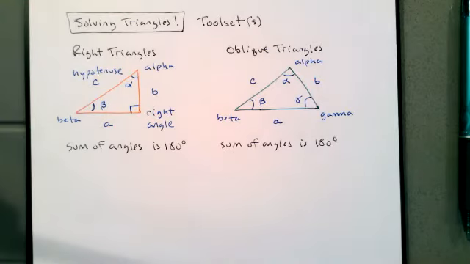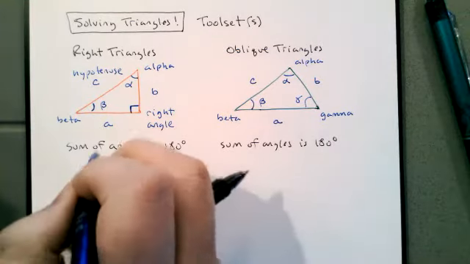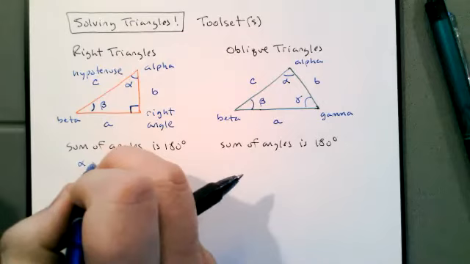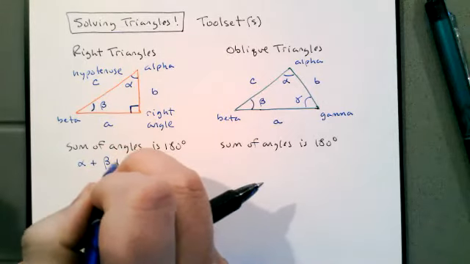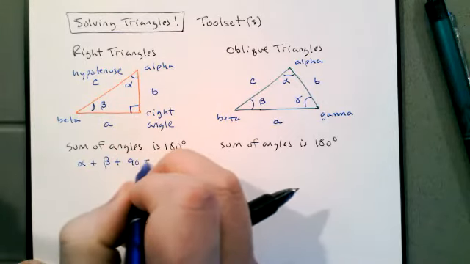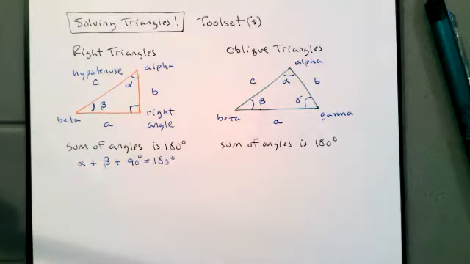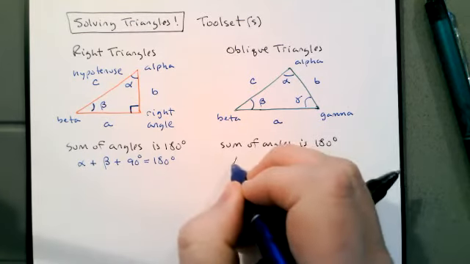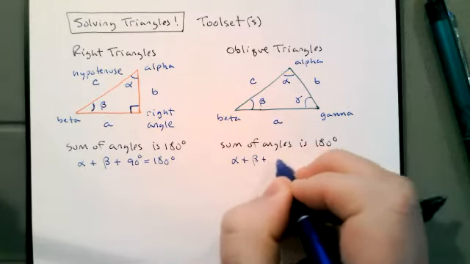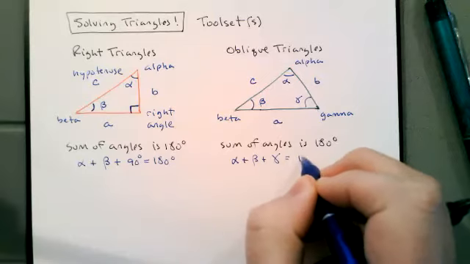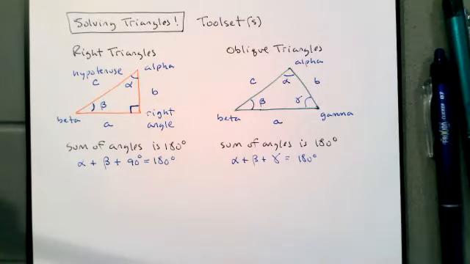In the case of right triangles, if we want to put the names in there, we could say alpha plus beta plus the 90-degree angle is 180 degrees. In a generic oblique triangle, we would just say alpha plus beta plus gamma is 180 degrees. So that's the first tool that we have in solving triangles. The sum of the angles is 180 degrees.